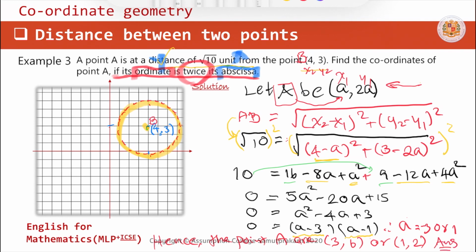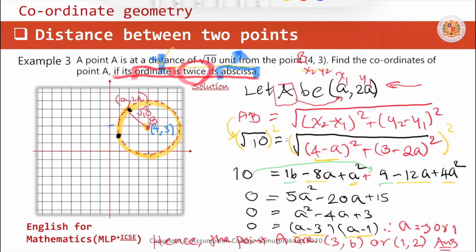And now look at the picture. That point would be here, 1, 2, and then 3 with the 6, where they are square root 10 from this point. Okay, that's square root 10. And the ordinate is 2 times the abscissa.